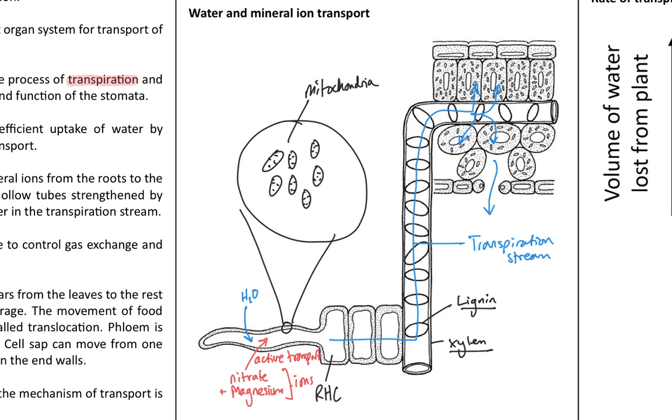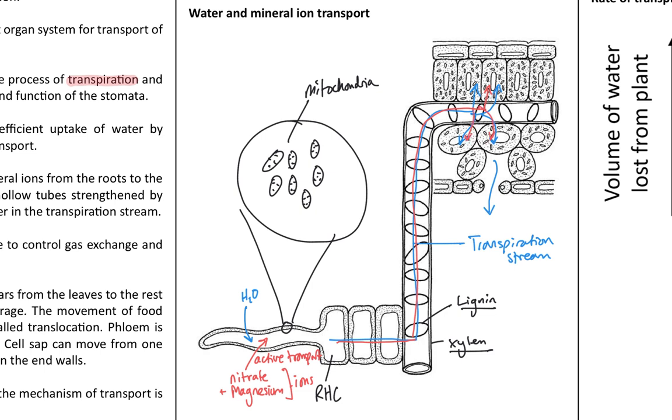And you can imagine that when the nitrates and magnesiums get pumped in by active transport, that's going to make the solution inside the cell more concentrated, therefore water is going to move in by osmosis. Those nitrate ions and magnesium ions dissolve and they're carried with the water. So there's water and mineral ions going to these cells.